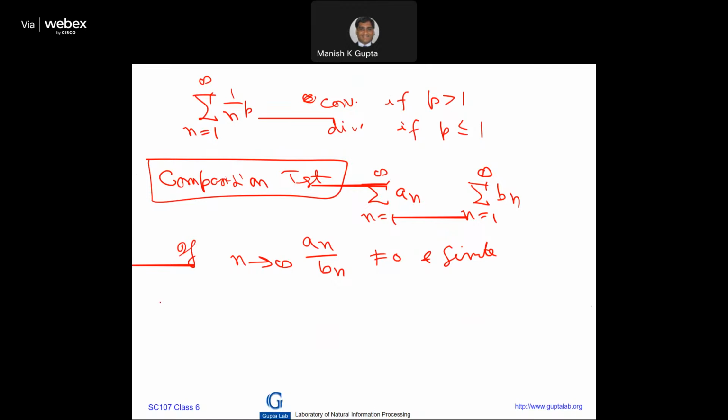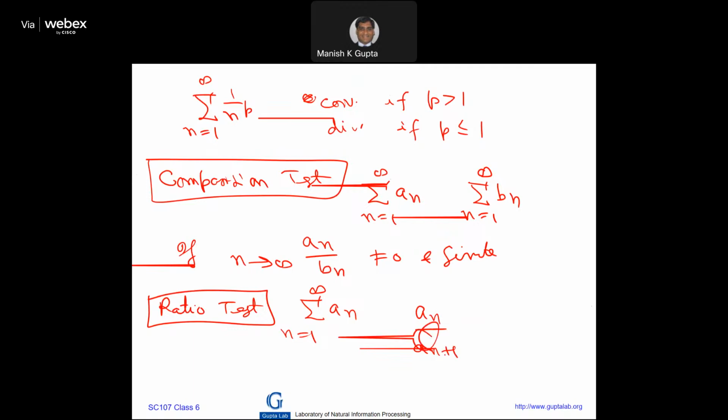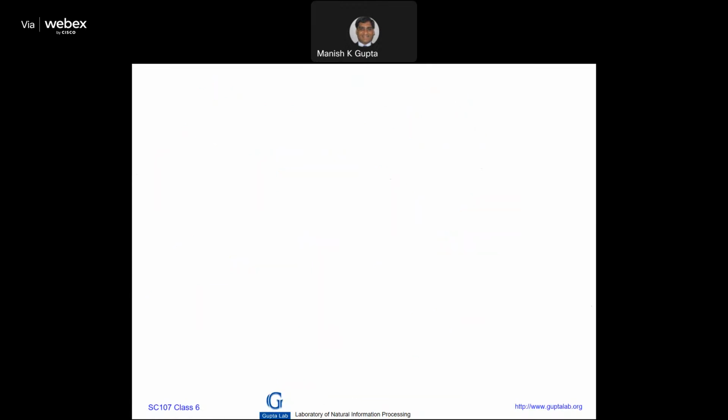Then another very popular test is the ratio test. This is quite a useful test actually. You compute an divided by an plus 1, and compute this limit as n tends towards infinity.